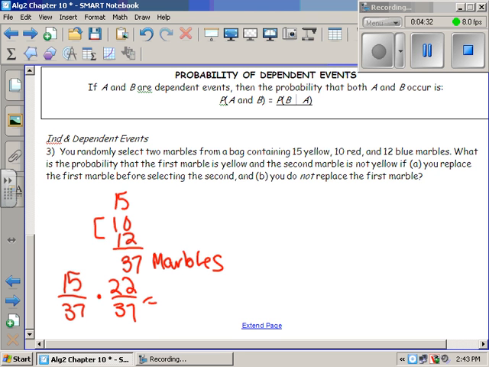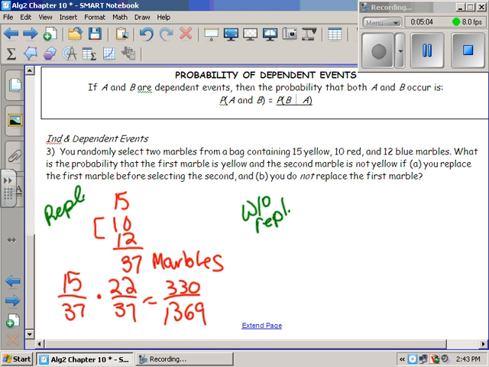And when I calculate that, I get 330 out of 1369. And I would reduce that if I could, but it's already reduced, so they don't have any factors in common. All right, so that's with replacement. Okay, without replacement, which means after I pick the marble, I'm just going to set it aside.